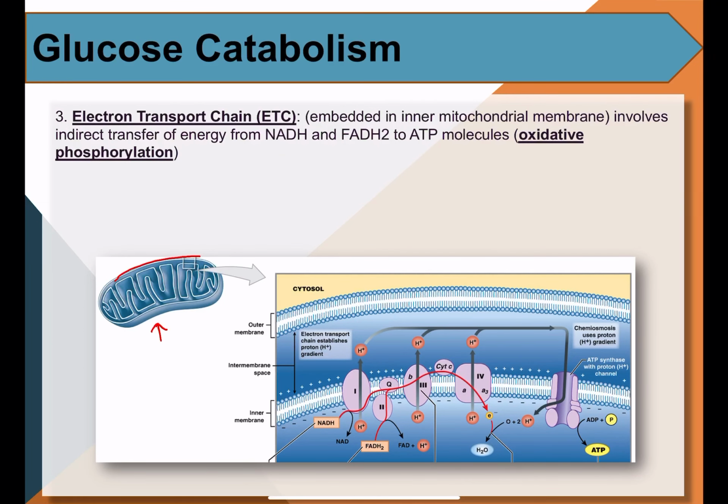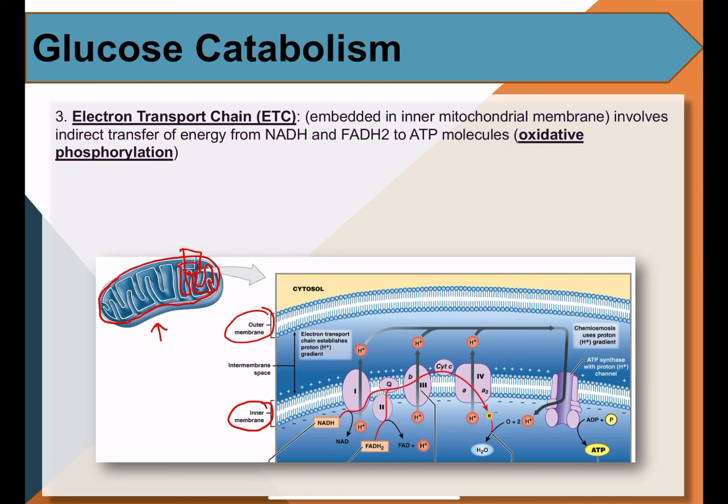Here is its outer phospholipid bilayer membrane, and these curvatures here are your inner layer, the inner membrane of the mitochondria. So when you zoom in to this particular area, this is representing the outer membrane. This is representing the inner membrane of the mitochondria. This is different from the plasma membrane that borders the cell, which is not made up of two layers. And I'll explain why it is critical that the mitochondria has these two layers.